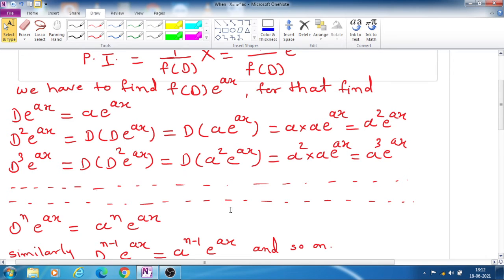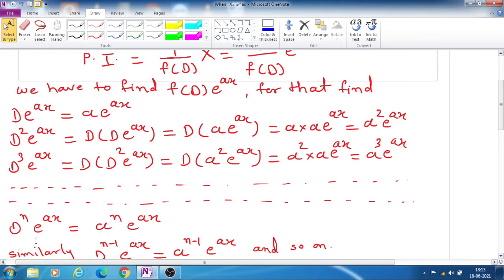So in this way, if we find all the derivatives, then we see here only the power of a goes on increasing into e raised to ax.